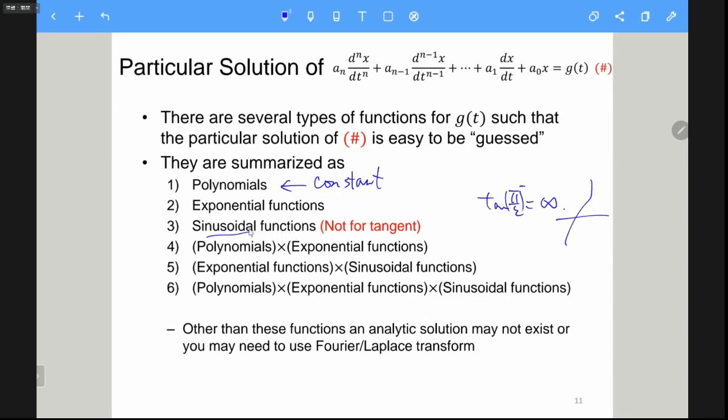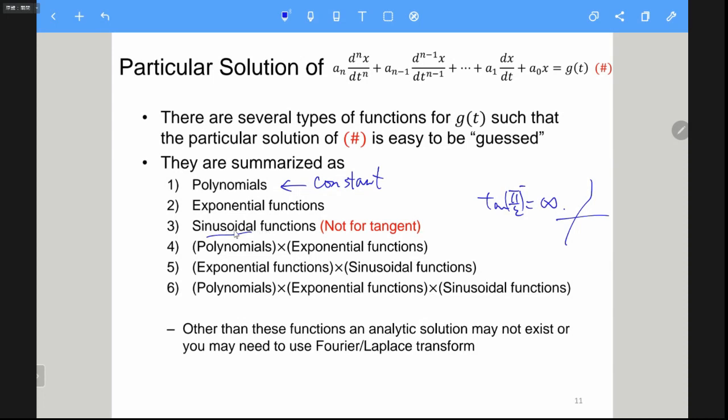Sine or cosine will be quite useful, because in signals and systems you learn the Fourier series and Fourier transform. For an arbitrary signal, you can always decompose it into the sum of different sinusoids with different amplitude, frequency, and phase, and then add them together to form an arbitrary signal. If it is periodic, you can use a Fourier series. If it is non-periodic, you can use the Fourier transform.